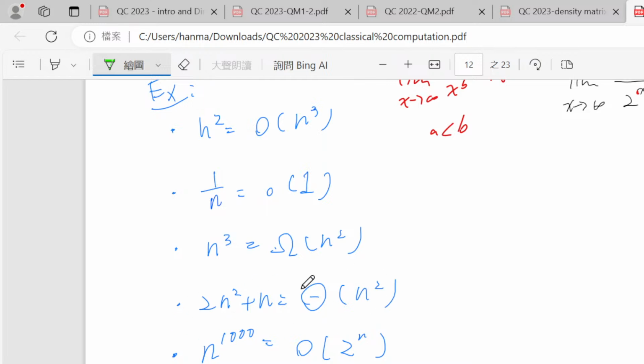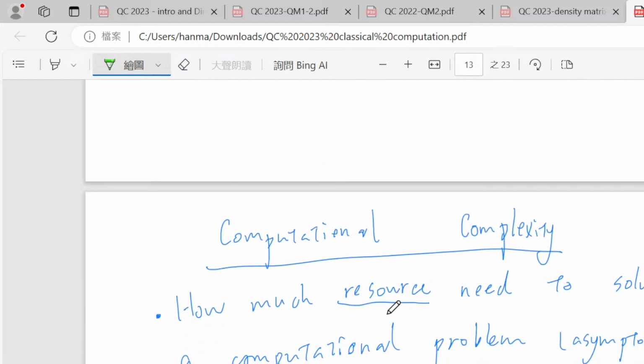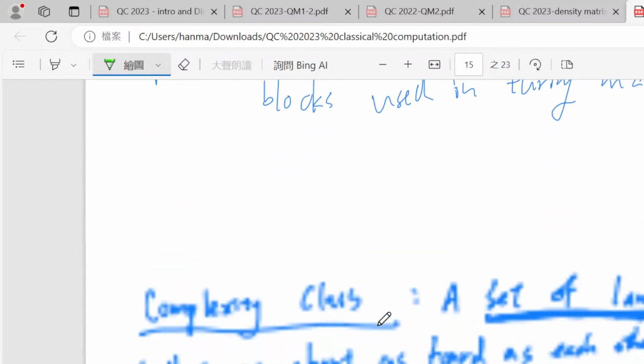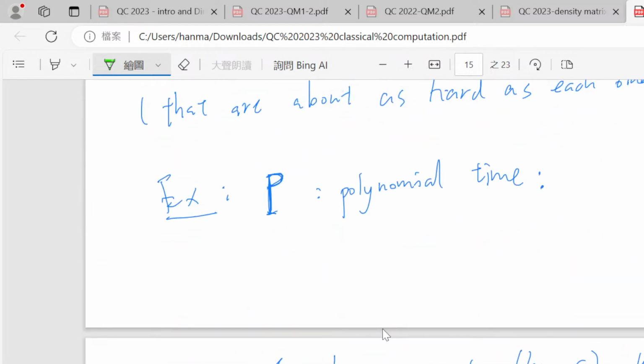Sometimes people will write this as big O of n squared, which is correct but not quite sufficient, because big theta is a big O and a big omega. So be a little careful when you write things. But here we are using it correctly because it's an upper bound. As long as you can solve it in this time, even if you can solve it in trivial time, we still think it's in P.